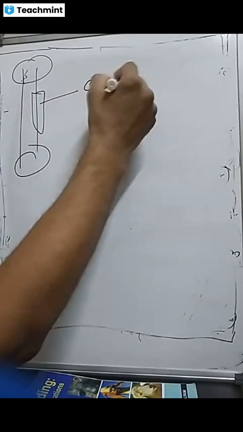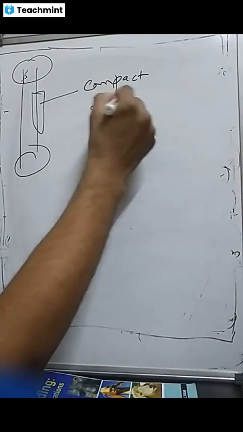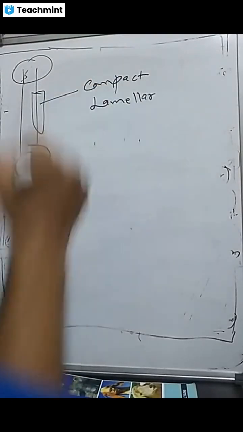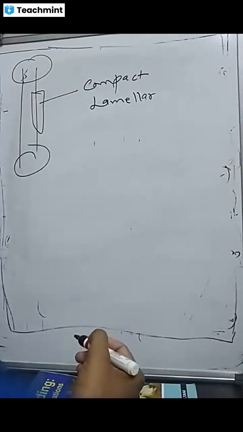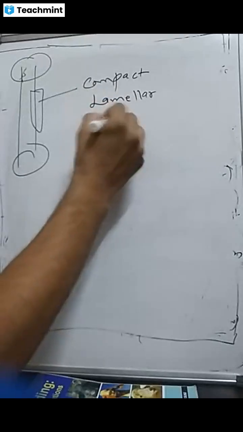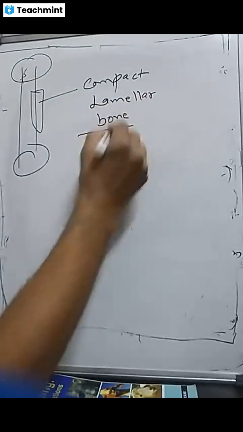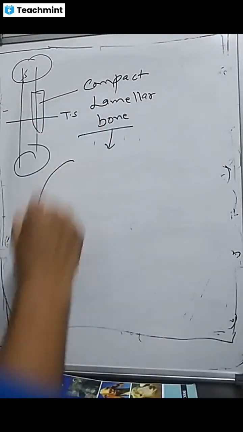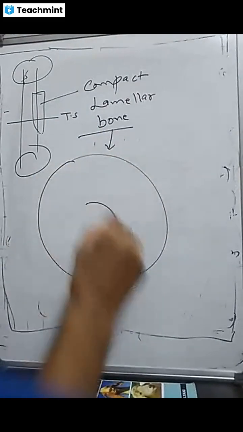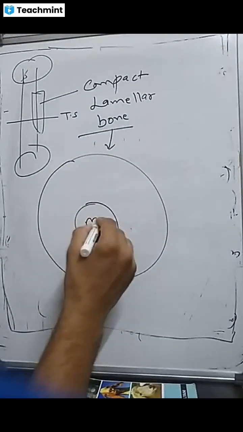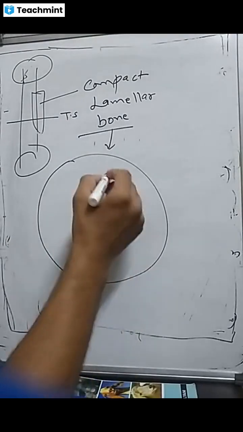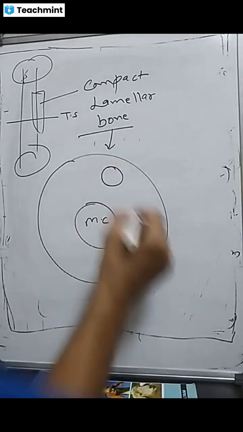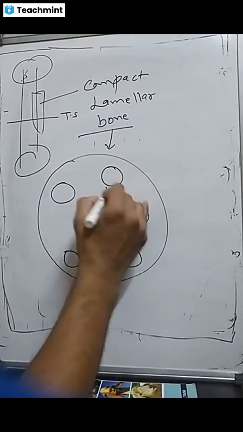Compact type, compact lamellar type. We'll see woven bone later. Compact lamellar bone. We'll take one section of this bone. If we take the transverse section of this bone, this is the marrow cavity, and here are circles like this.